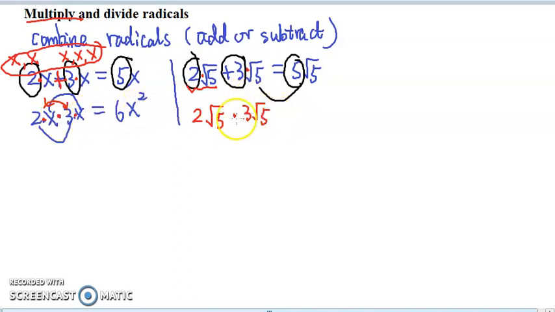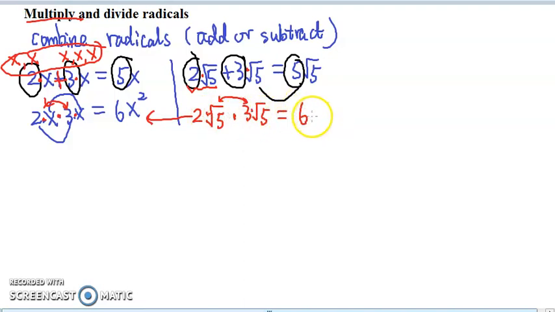So we're going to do exactly the same thing like that, multiplying monomials. We can use the commutative property again because it's all multiplication, and we are going to multiply 2 and 3 to get a 6.